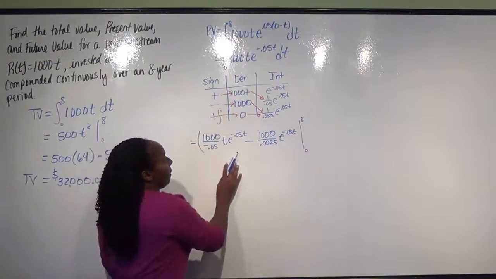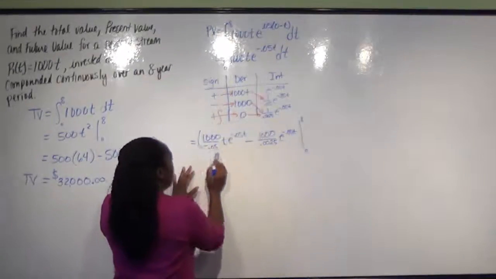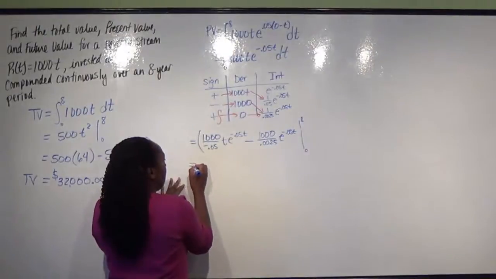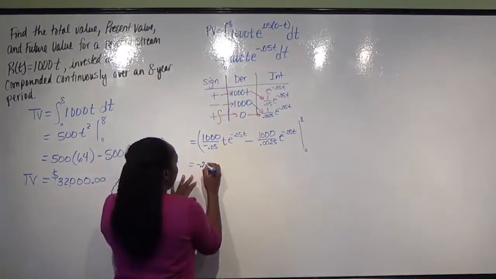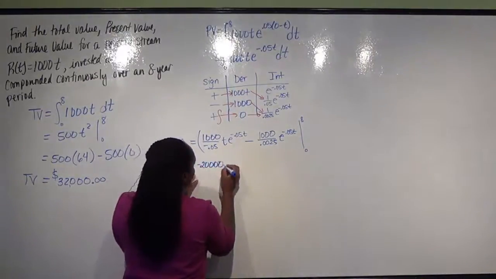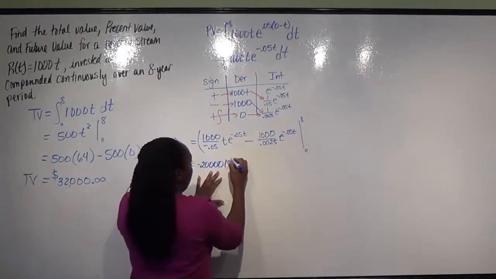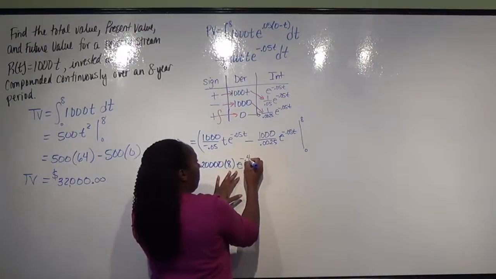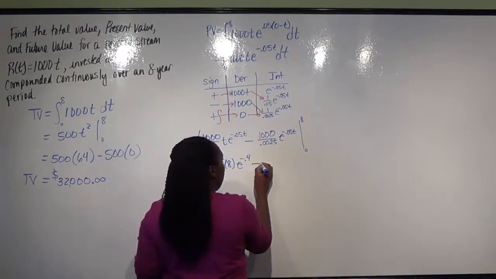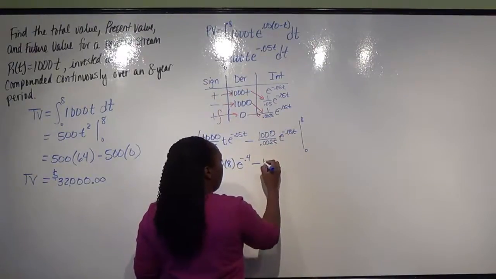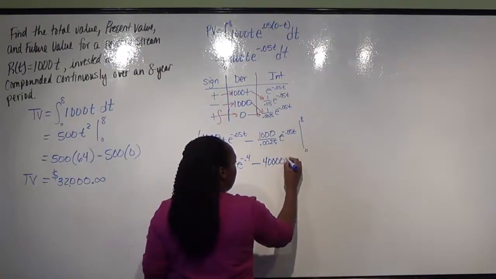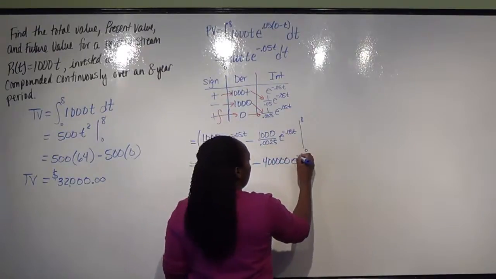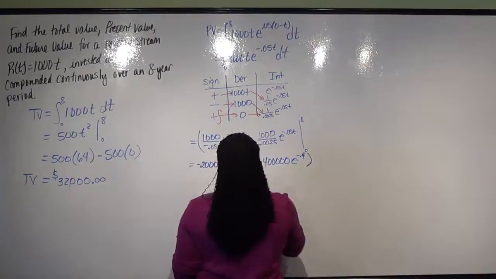So simplifying this, we are going to go ahead and simplify here, which is going to give us negative 20,000 times our 8, so plugging in at our upper limit, e to the negative 0.4, so multiplying through, minus, here dividing out we'll get a 400,000 e to the negative 0.4.